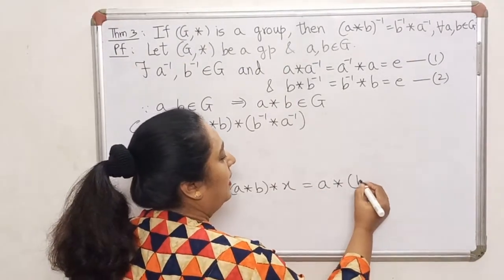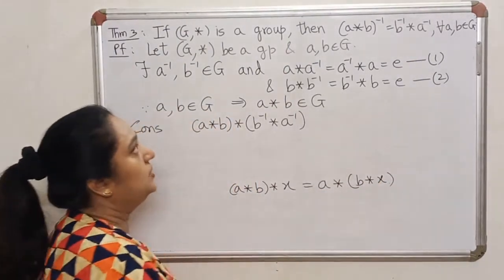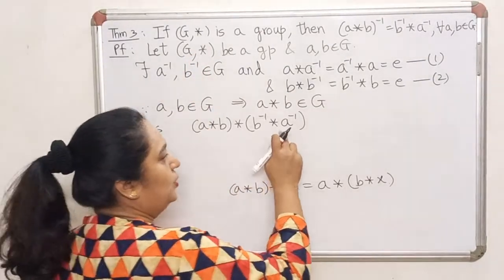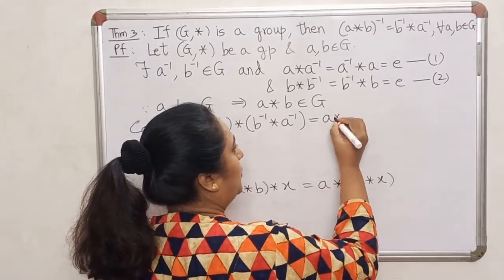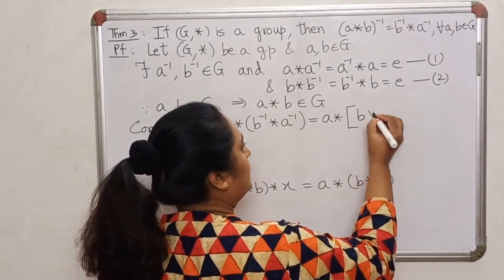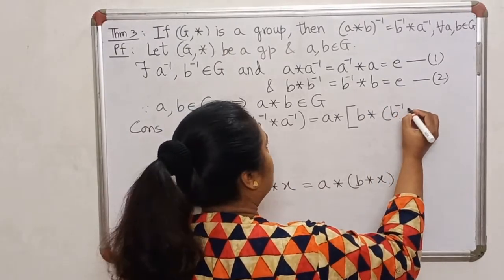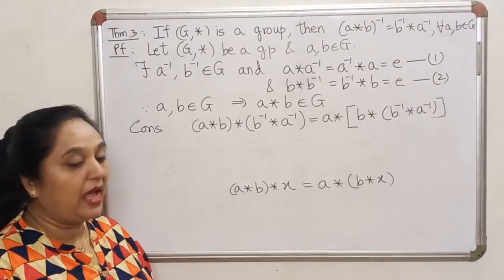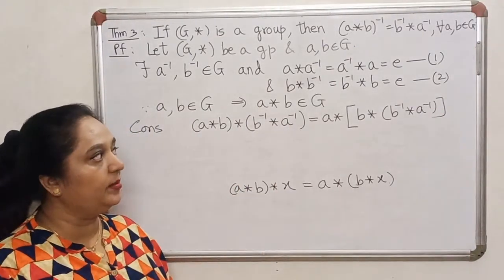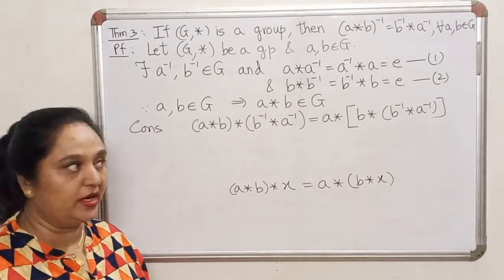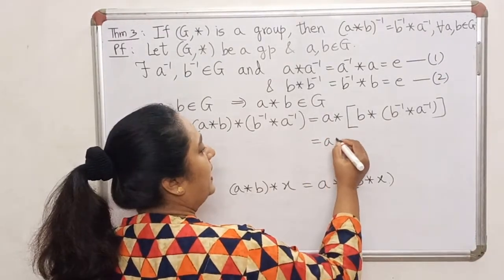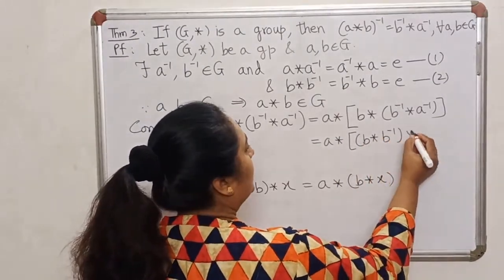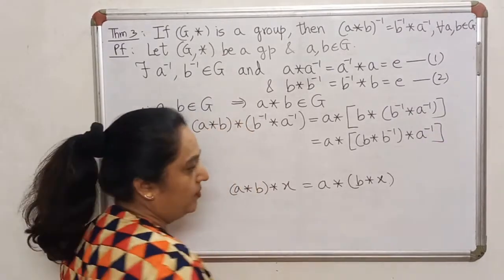Because the operation star is associative in G, I can shift the brackets this way. So it looks like A star (B star X). Remember, for us X is this second bracket. And now once again, inside that bracket, use the associative property. So we get A star (B star (B inverse star A inverse)).